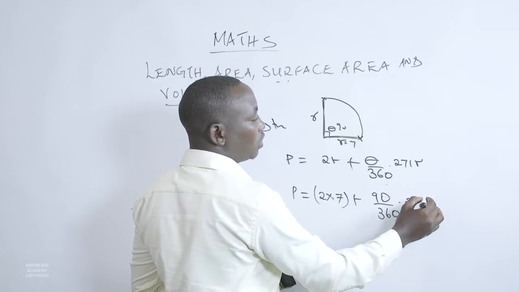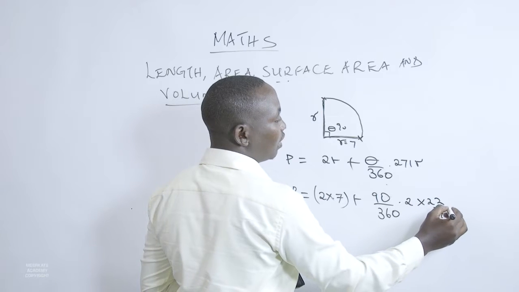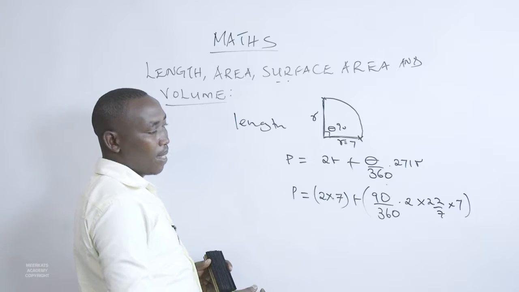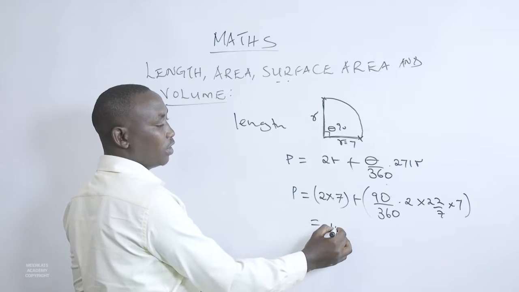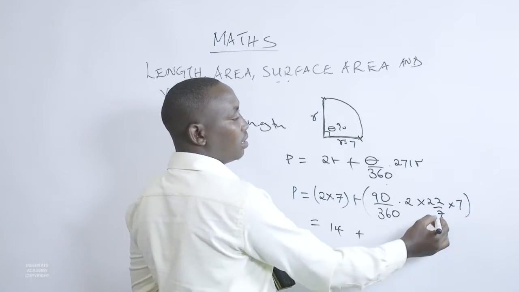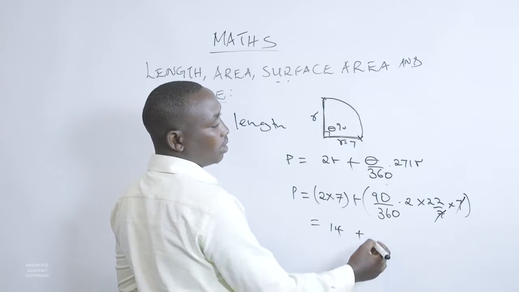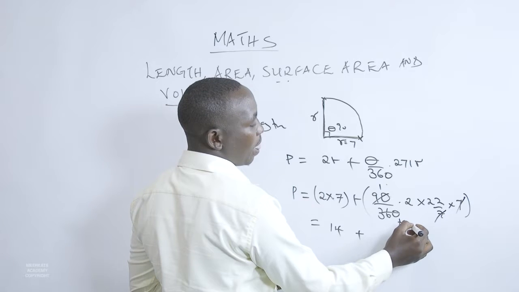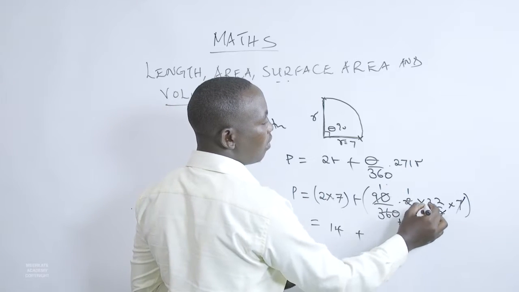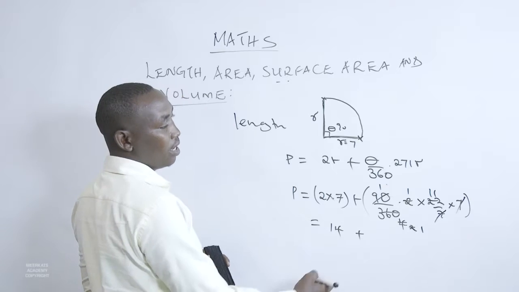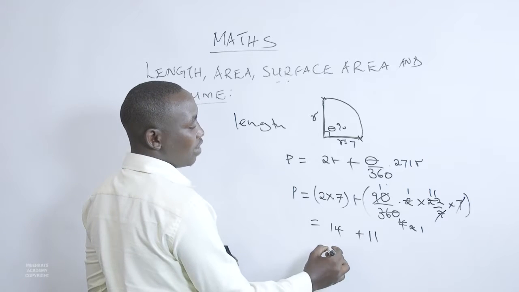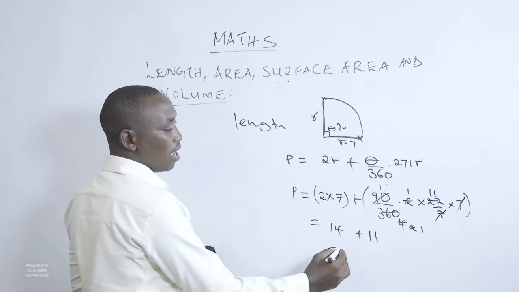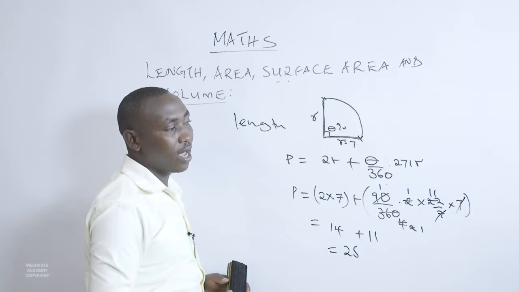We multiply this by 2, by pi, which is 22/7, and by the radius, which is 7. This will give us 14 units, plus 11, and therefore the total distance around this particular figure shall be 25 units.